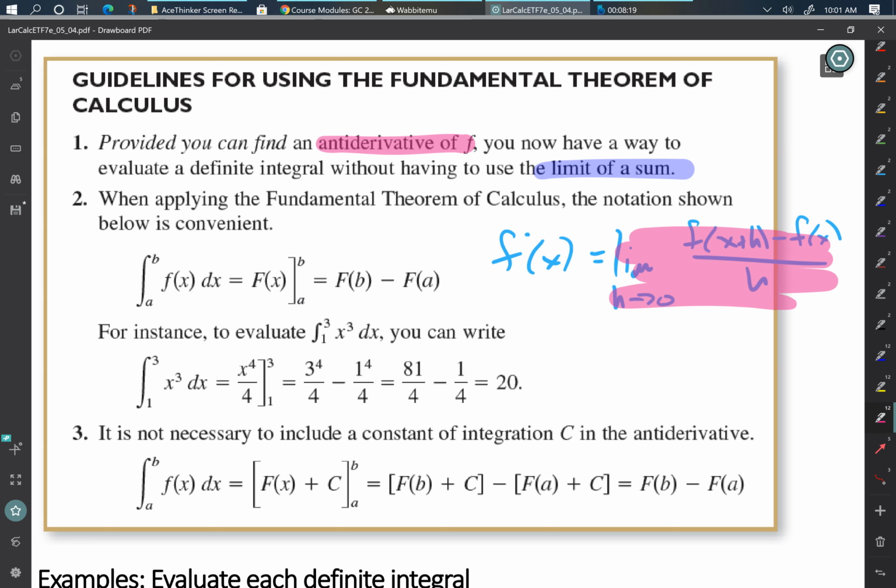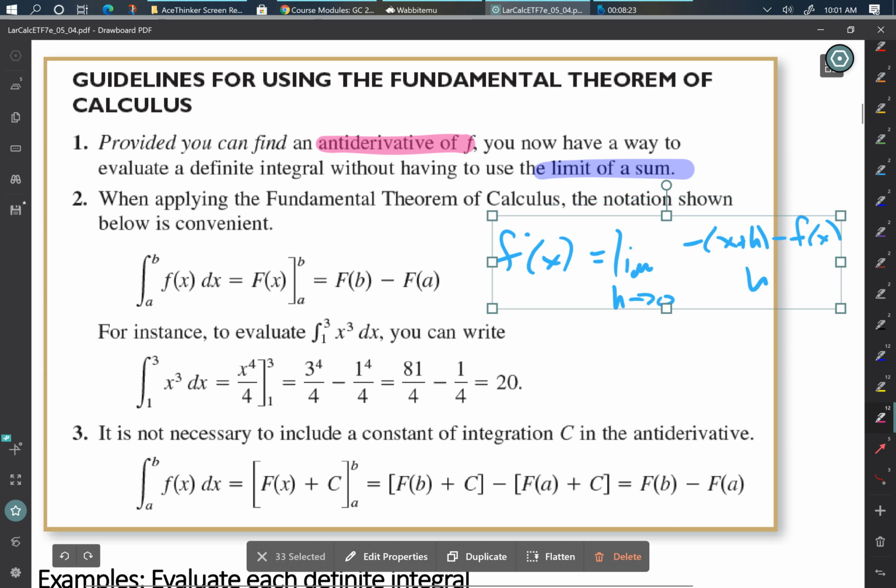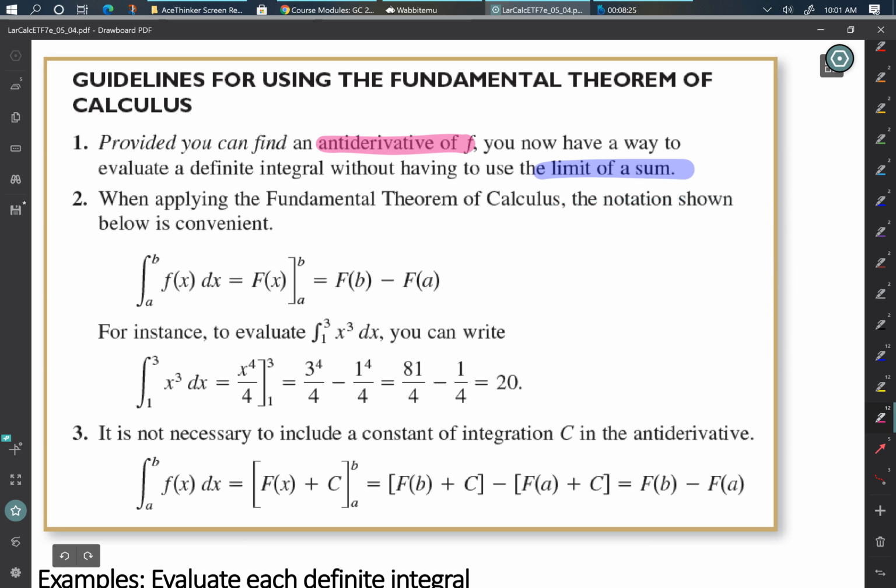You're going to have to use the summation if you can't find an antiderivative. I don't think there's a single problem in here where you can't find an antiderivative if you remember your derivative rules well enough. But in the big picture of things, there are things out there that don't have antiderivatives, and if they don't have antiderivatives, you have to use the limit of the sum, and the limit of the sum can be brutal.